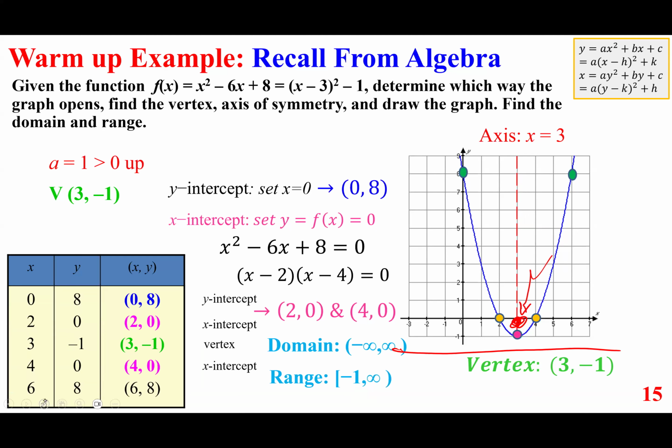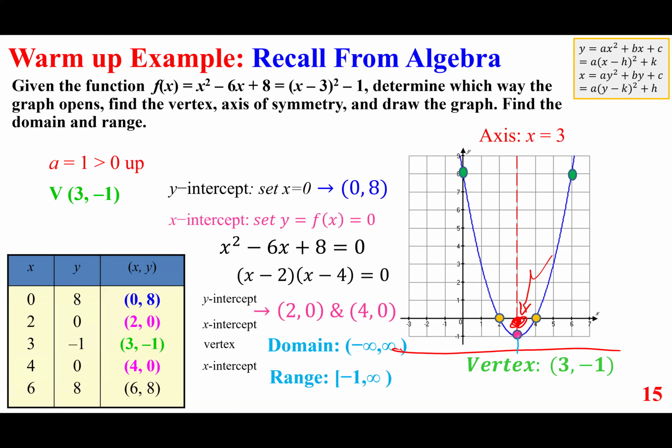Again, we have to figure out what they are. My point is, we know the focus is inside and the directrix is outside. Because it opens up, the directrix must be a horizontal line because it's perpendicular to the axis of symmetry. So what about this distance? We know this distance.